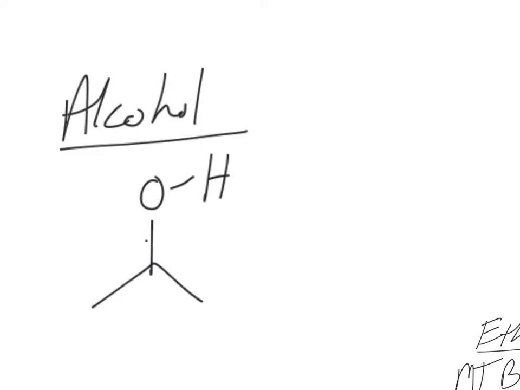So what's the name of this molecule? There's 2 ways you can do it. There's a common name, and there's an IUPAC name. So let's just do the IUPAC name first. What's the parent chain? Propane. All right. Now is it propane or propanol, right?